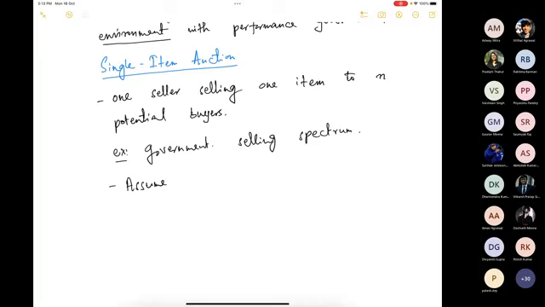Assume each buyer i has a valuation Vi, which is a non-negative real number.